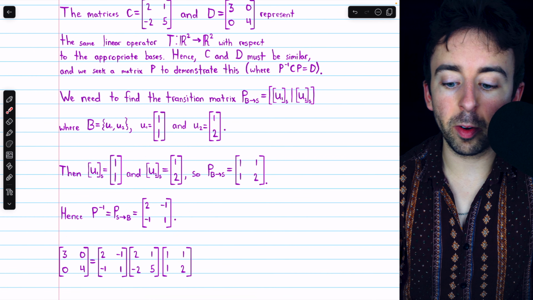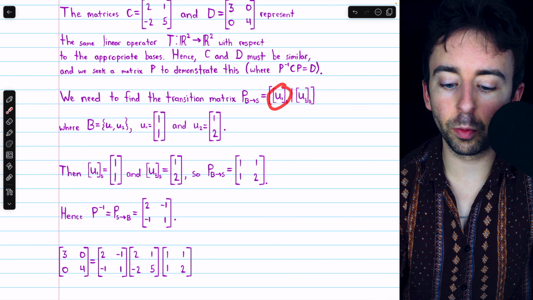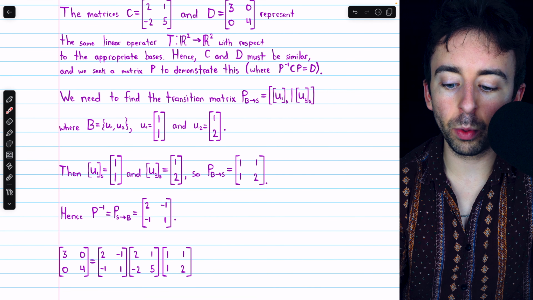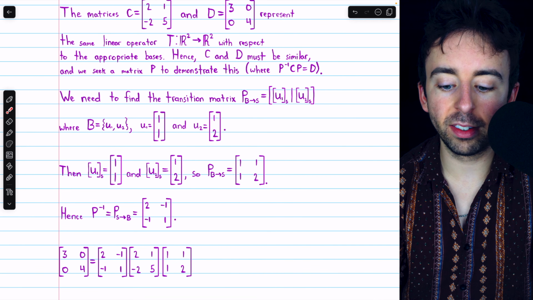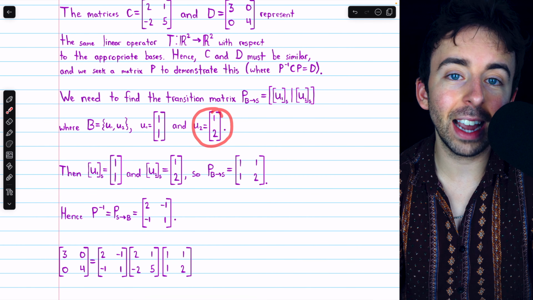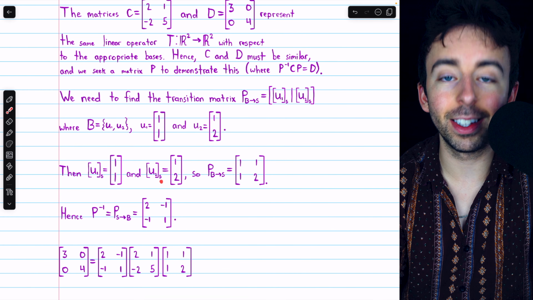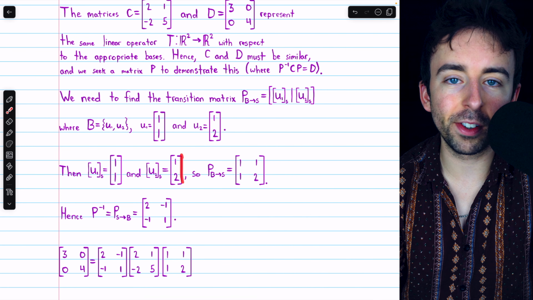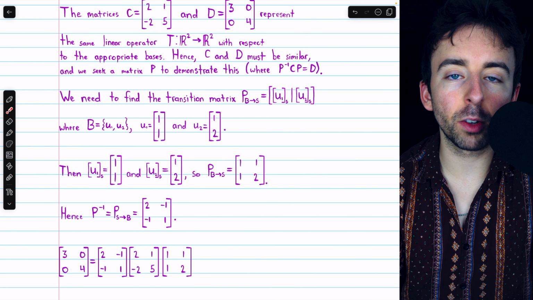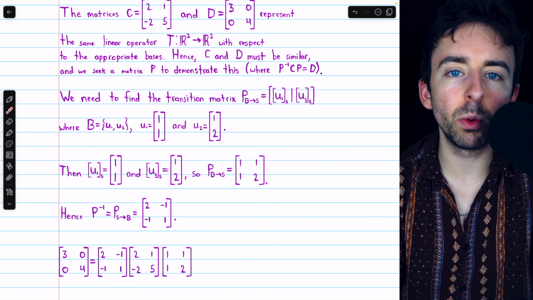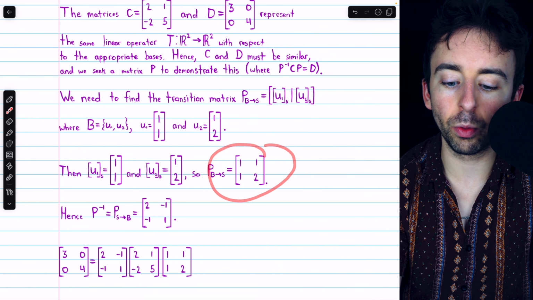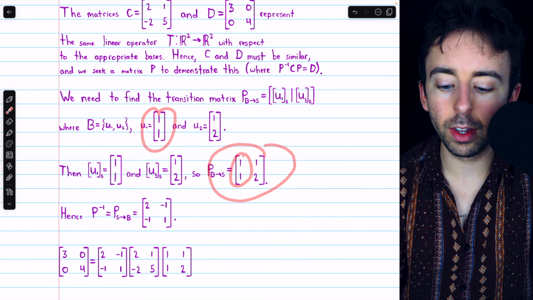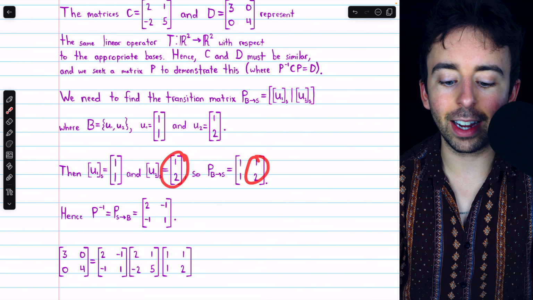Of course, this is very straightforward. The coordinate vector for our first basis vector with respect to the standard basis is just 1, 1. Similarly, the coordinate vector for the second basis vector with respect to the standard basis is just 1, 2. And so the transition matrix we're looking for, the matrix P, which we can use to demonstrate similarity, is this one, with 1, 1 as its first column and 1, 2 as its second column.